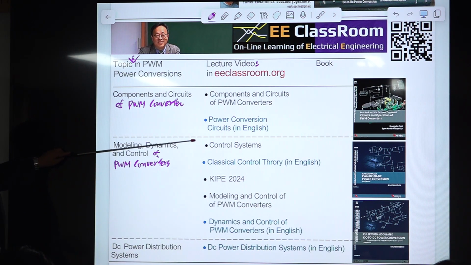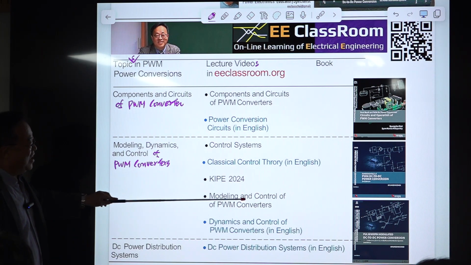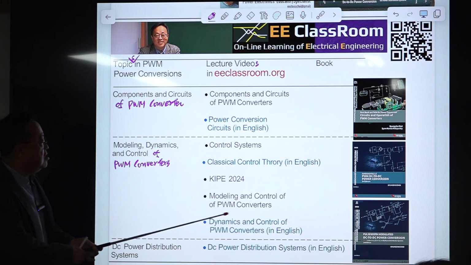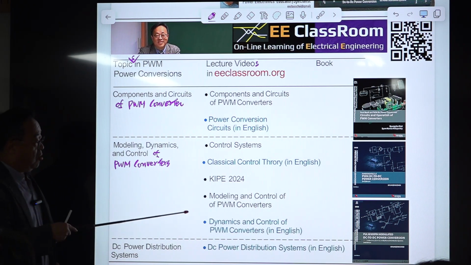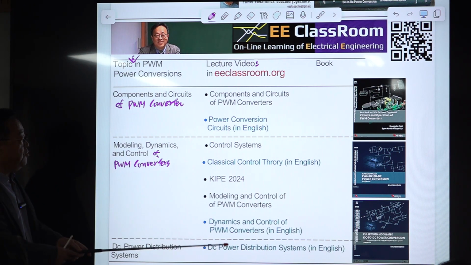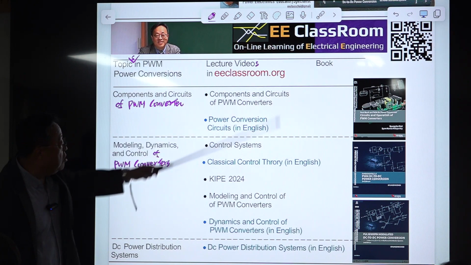In this part, we will be talking about modeling and control of PWM converters, and this is done in Korean. Okay, maybe the domestic students can go to this lecture slide here, right?